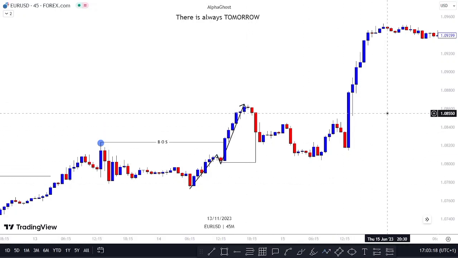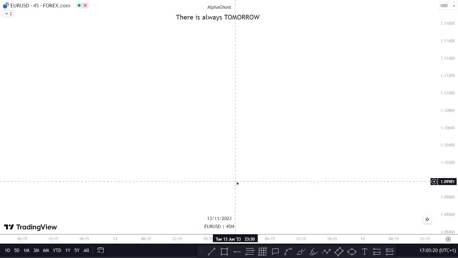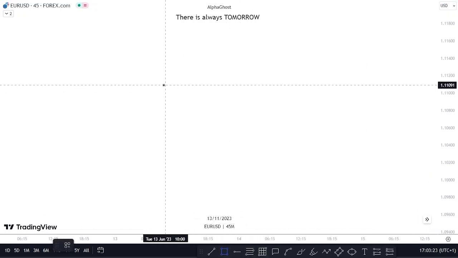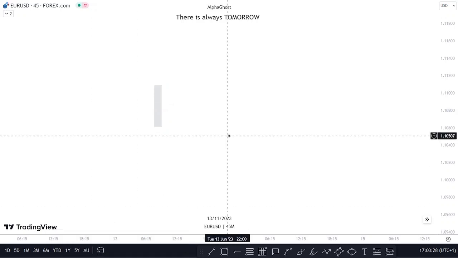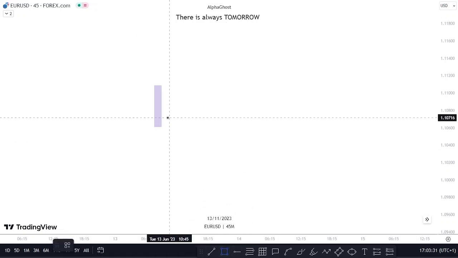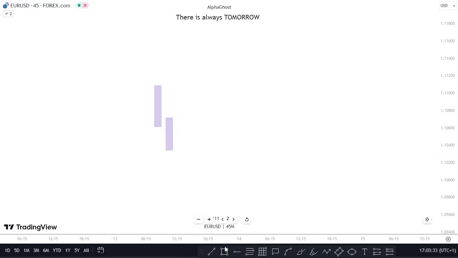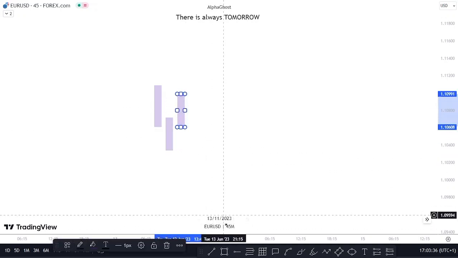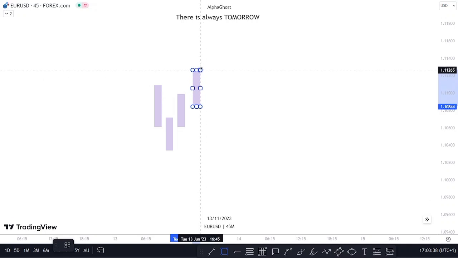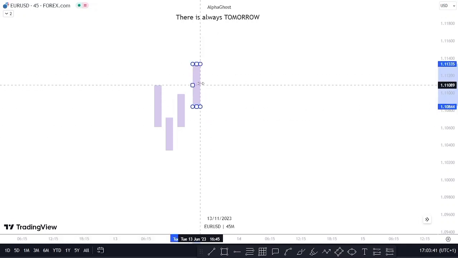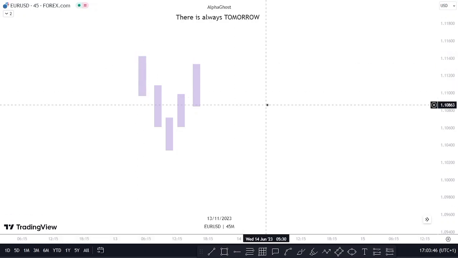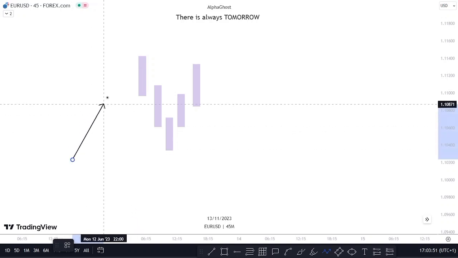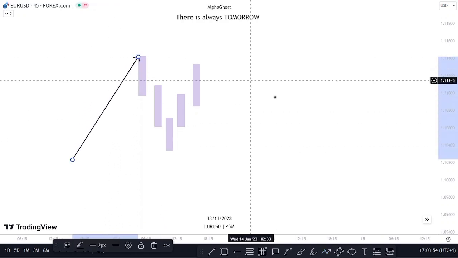I'm going to explain something for you here. Now, using candles for this, let me just draw something real quick here. Now, let's assume we are moving in a bullish trend.